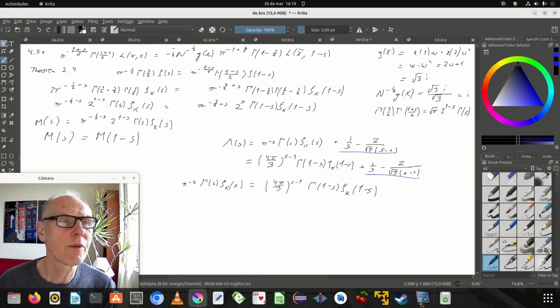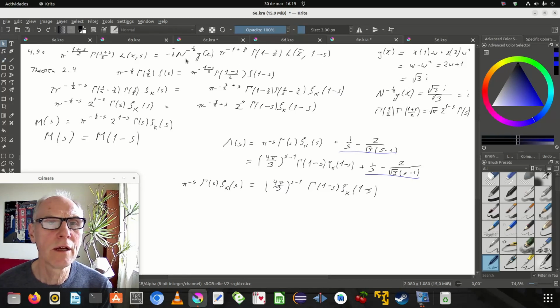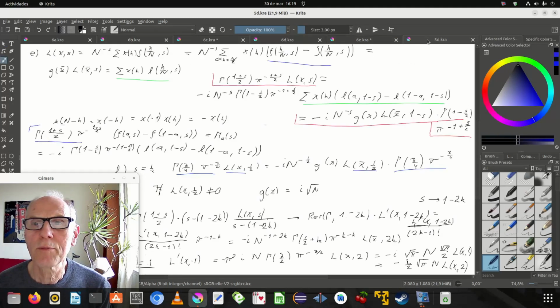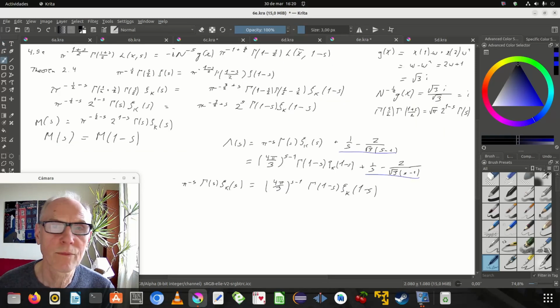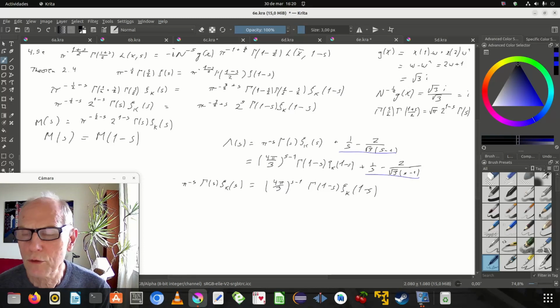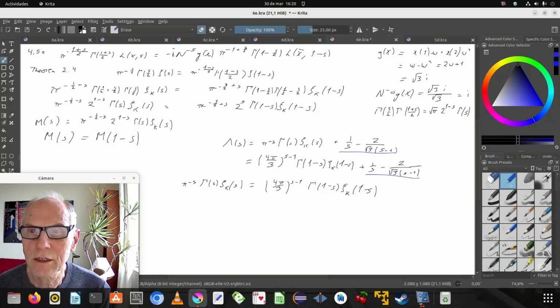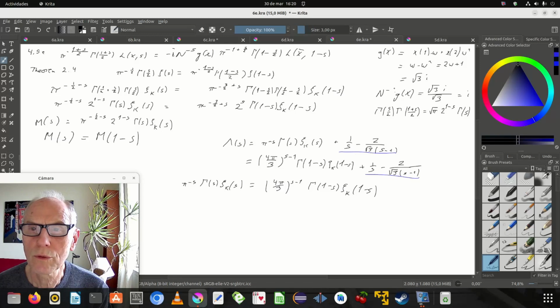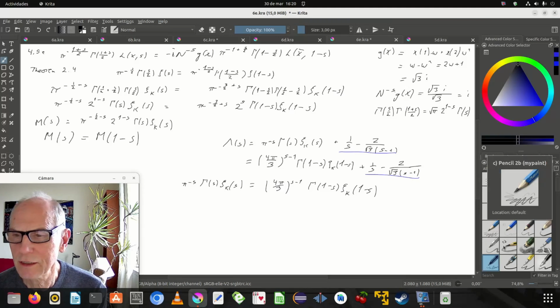Now we have the other formula here, and it appears that I misread it. It says n to minus s. So it should be n to minus s. And that means we get 3 to 1/2 minus s.